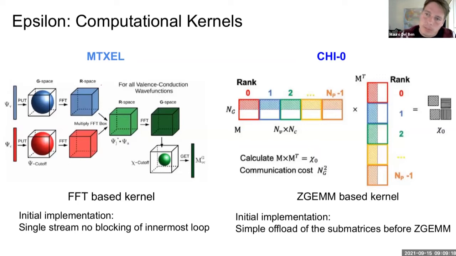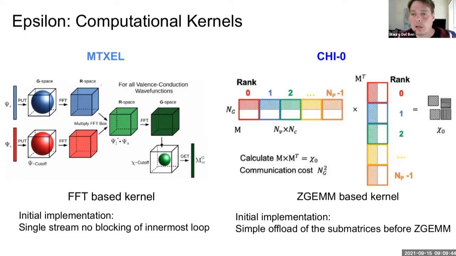The other most important kernel is Chi0, which is by far the most computationally intense kernel for large-scale applications. It essentially implements a large distributed matrix multiplication between short and fat matrices. To give you an idea, for a very large application, the number of rows can easily be of the order of hundreds of thousands, and the number of columns can easily exceed hundreds of millions.